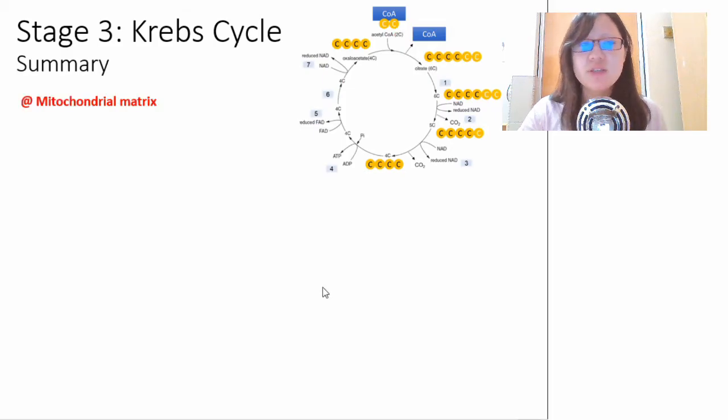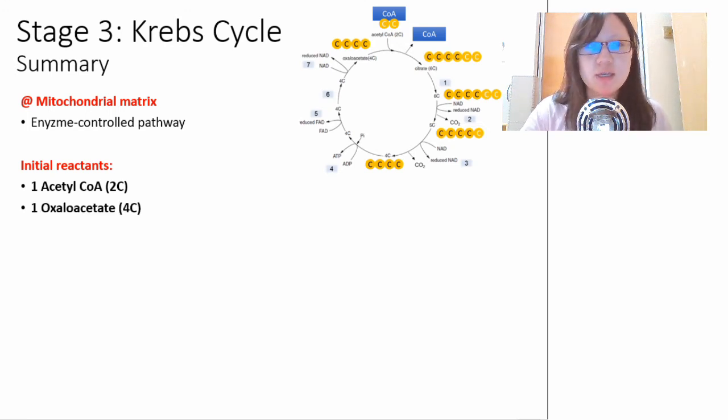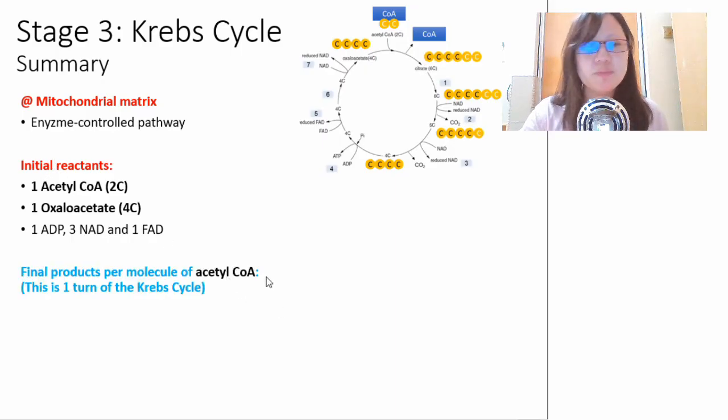So let's have a little summary here. Krebs cycle occurs in the mitochondrial matrix. It is an enzyme-controlled pathway. Initial reactants are oxaloacetate, acetyl coenzyme A, and all these other molecules. That is not important. The bold ones are more important.